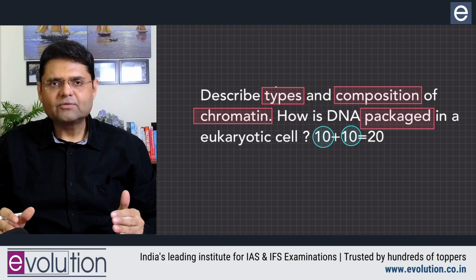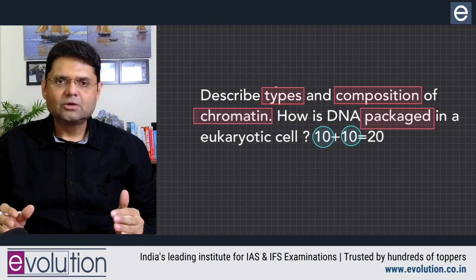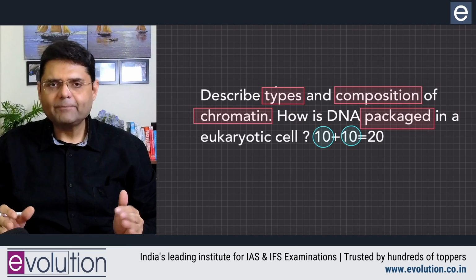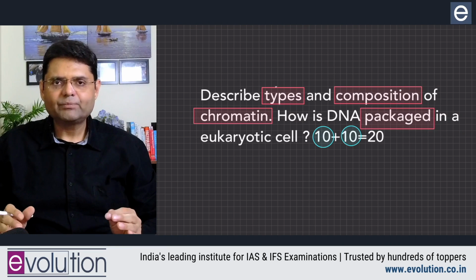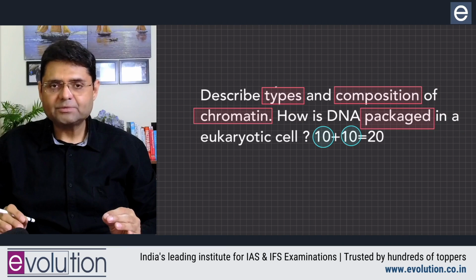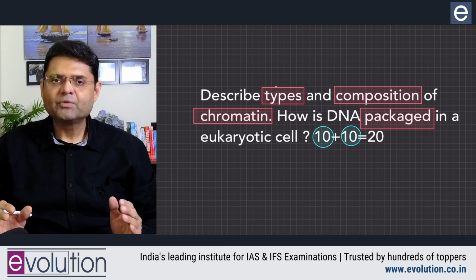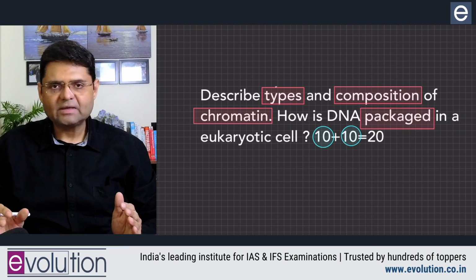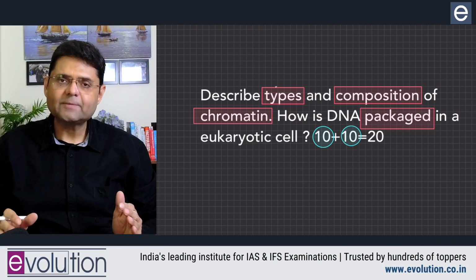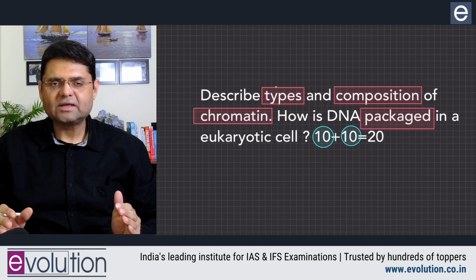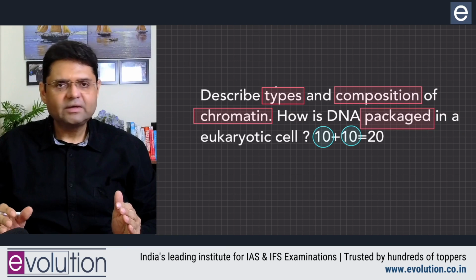The second part of the question demands you to know about DNA packaging within the eukaryotic cell. So one thing is very clear: the first three queries, types, composition and chromatin, we have to write for 10 marks. And the second part of the query, where we have to simply talk about how DNA is packaged in a eukaryotic cell, that we have to write for 10 marks.